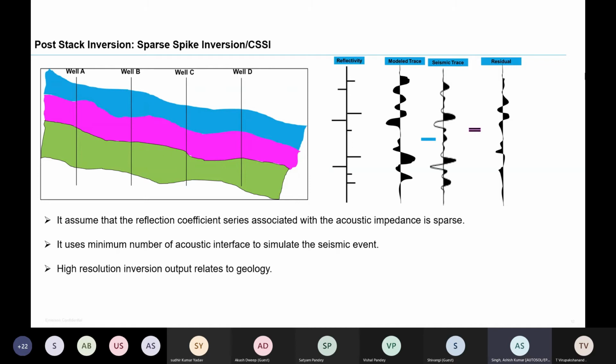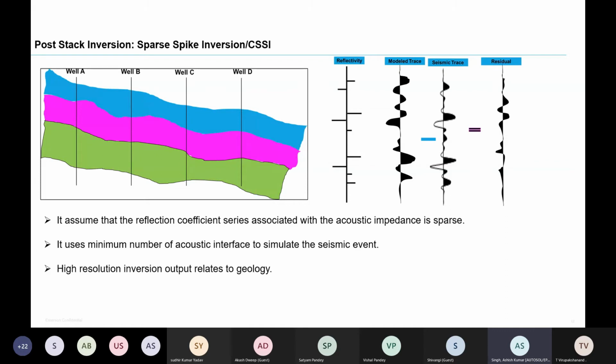So this is the residual, the difference between the model trace and the original seismic trace. In any inversion method, the residual, meaning the error, will be minimized. When the error is minimum, your output will be more authentic, right? Okay. So sparse spike inversion also enhances the geology.